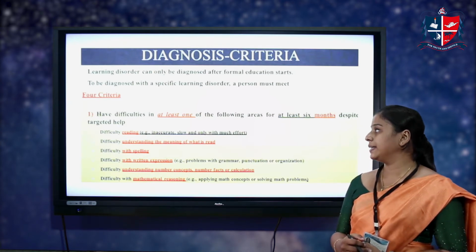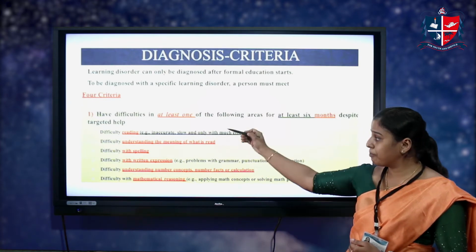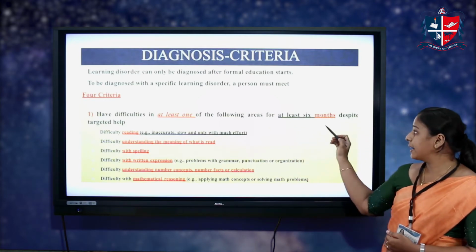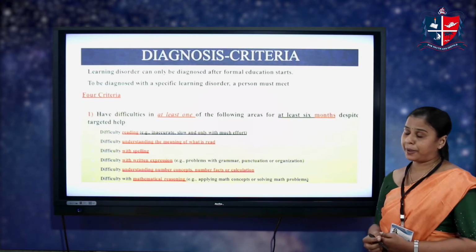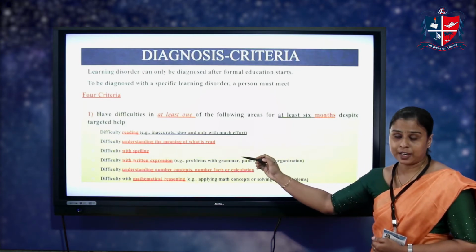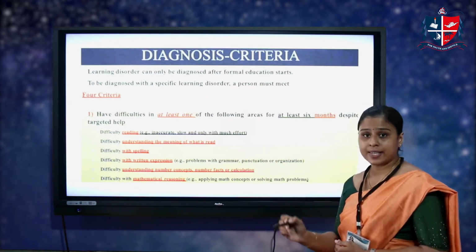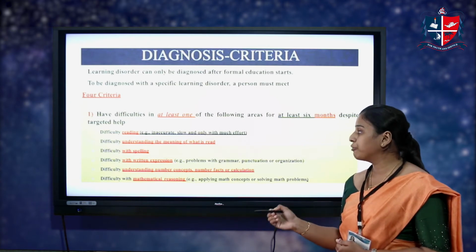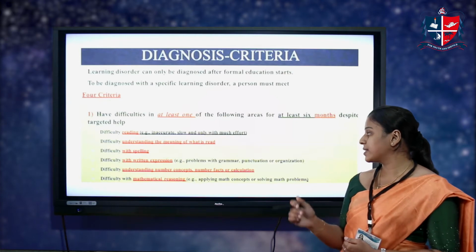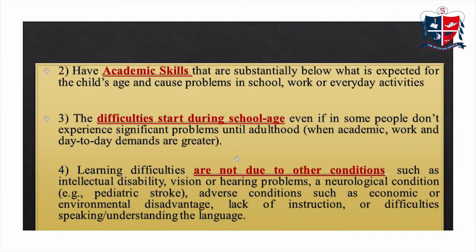In the first criterion, they have difficulties in at least one of the major areas for at least 6 months. These are the areas where they find difficulty: reading, understanding the meanings of words, spelling, written expression, and also understanding concepts and mathematical reasoning.